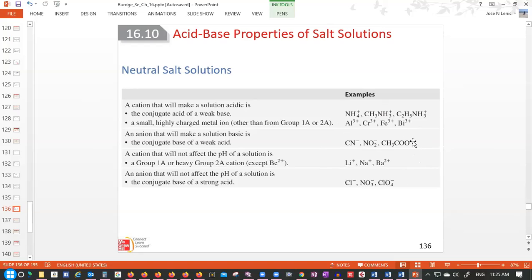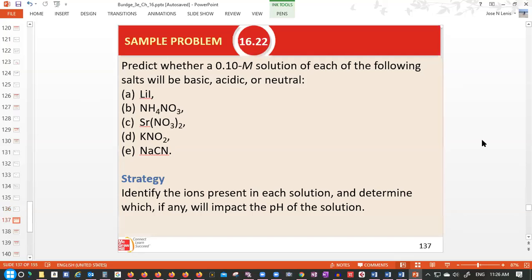Here we have strong conjugate bases. These are weak conjugate acids, too weak to react with water. Those are strong conjugate acids that react with water, they change the pH. So just do the critical thinking every time you have a salt.